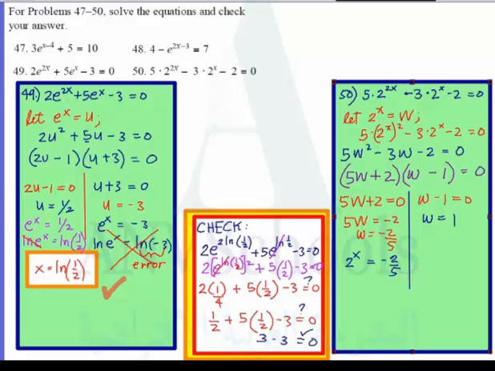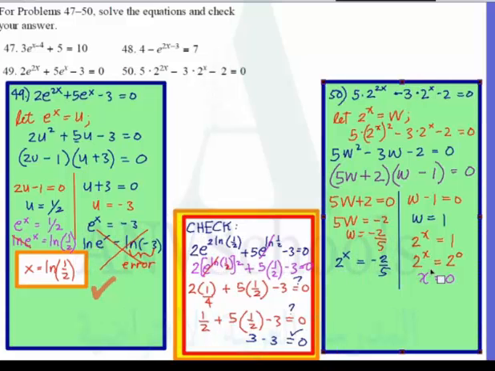And in this case, on the other hand, my 2 raised to x is equal to 1. And to solve for x here, we know that anything raised to 0 is 1, so we could use 2 raised to 0 for this expression. And therefore, my x here is equal to 0.